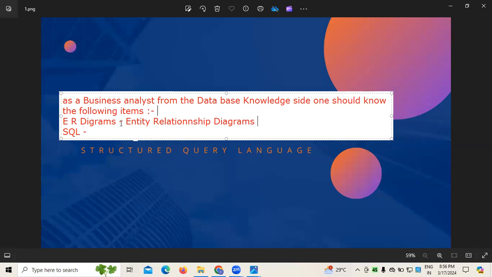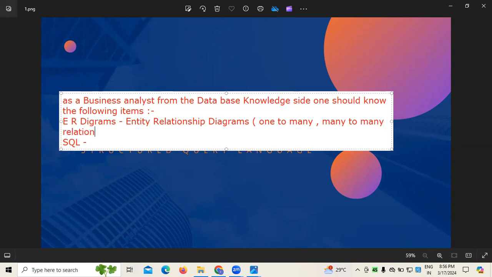So whenever you want to extract some information, there are one to one, one to many, and many to many relationships you want to establish.